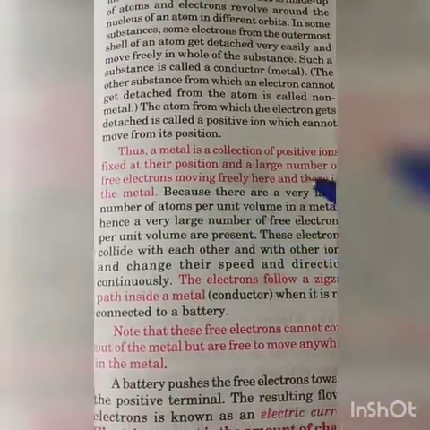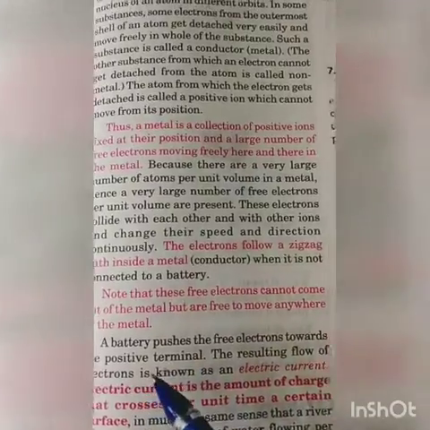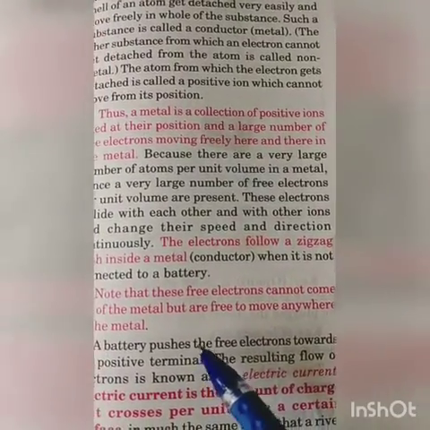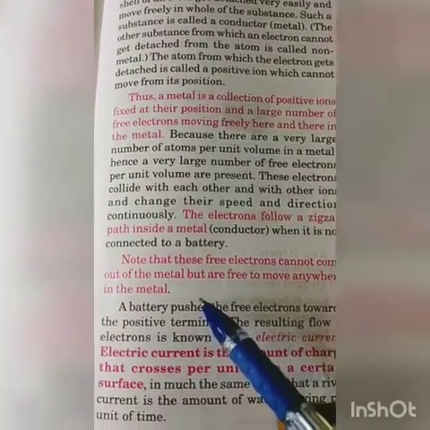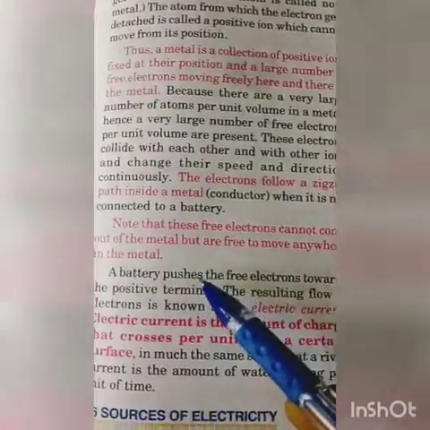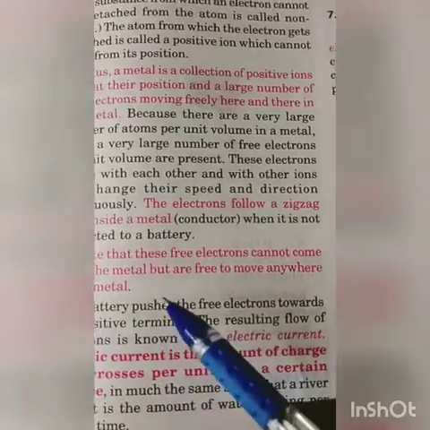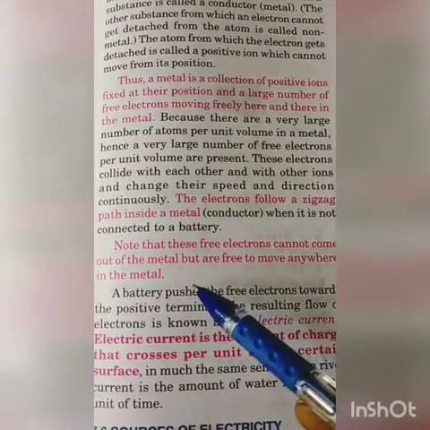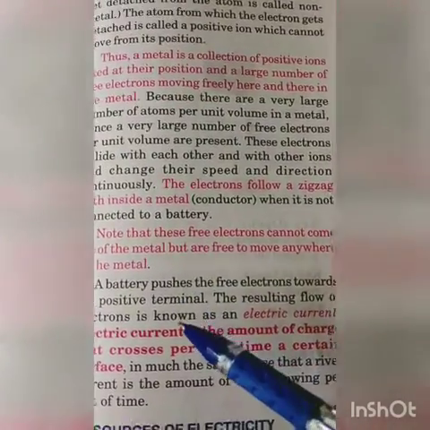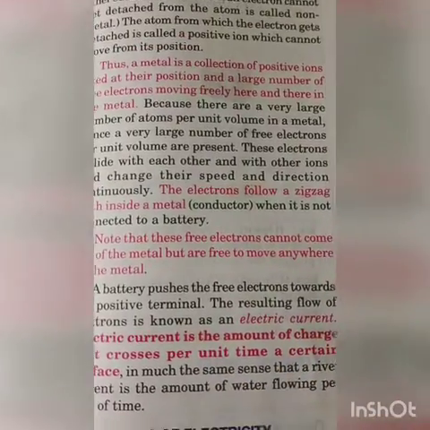But when current is supplied, when it is connected to a battery or an electric source, that means electrons are supplied. Actually, flow of electrons is current.